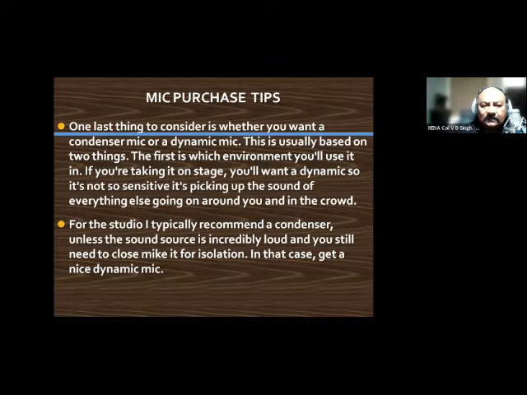This is a universally accepted microphone for speech, for singing, even for recording something live, like when you're playing a guitar or something. SM57. Just remember this model number. All over the world, I think this is the most popular dynamic microphone.